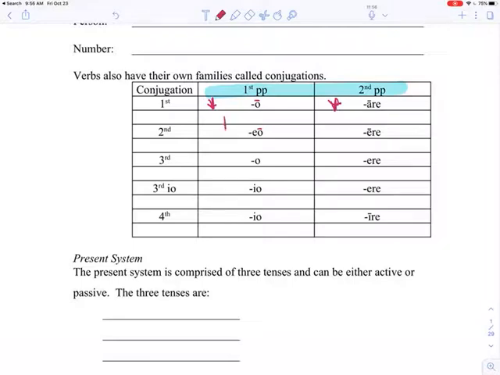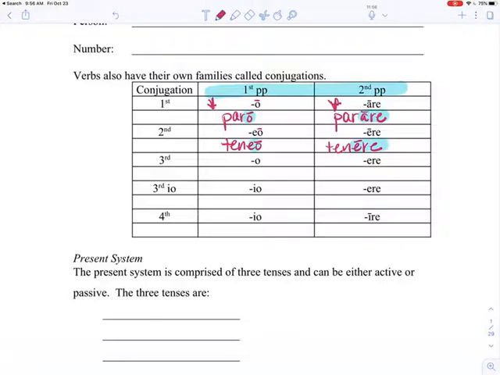So like our example verb paro, parare, is first conjugation. And then our other example verb, the one that's for second conjugation, is teneo, tenere. Okay, so again, paro is first because of O and ARE. Teneo is second because of EO and a macroned ERE.